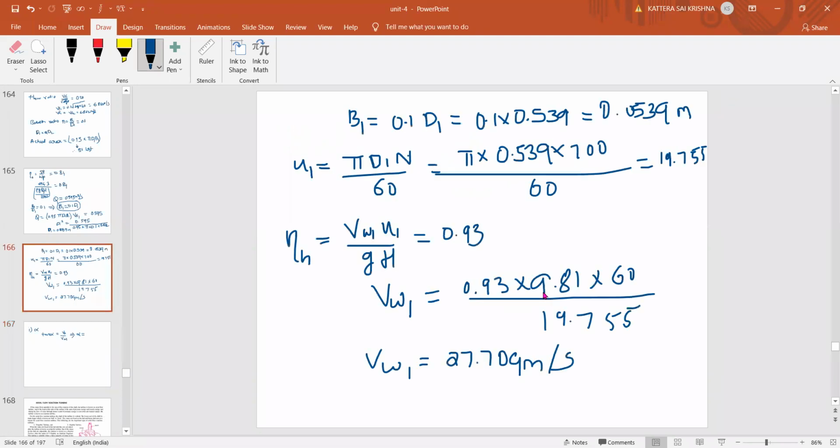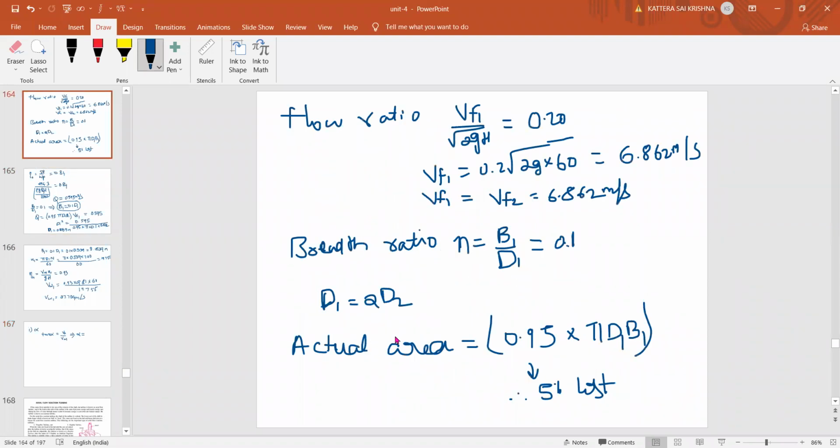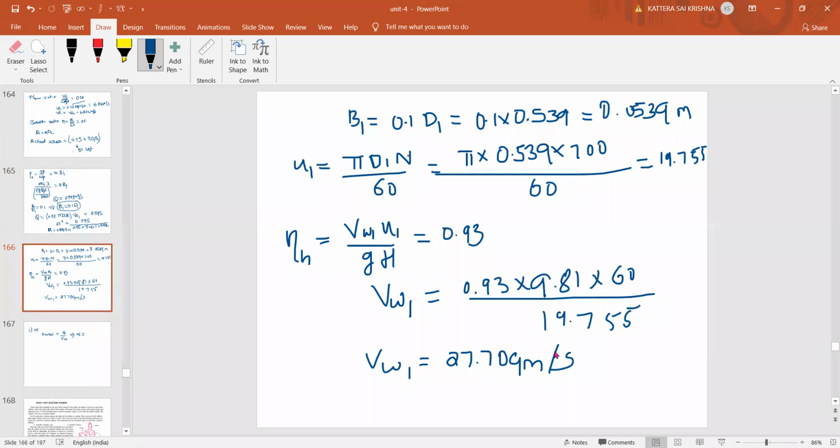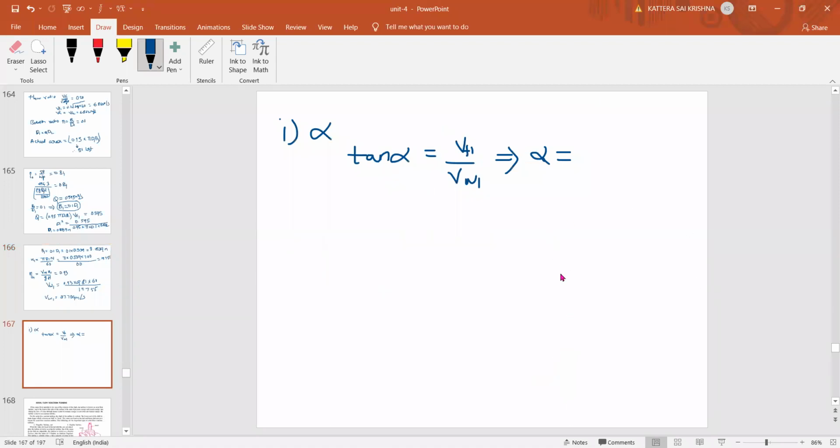VF1 already is there, VF1 equal to 6.862 by 27.709. Tan inverse of that is 13.909. 13.909 degrees is your alpha value.